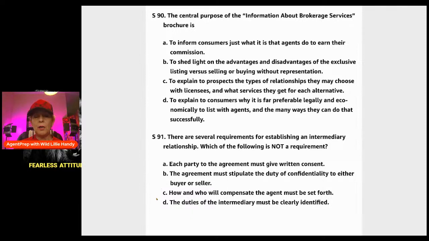C, how and who will compensate the agent must be set forth. Or D, the duties of the intermediary must be clearly identified. Type your answer in the chat.